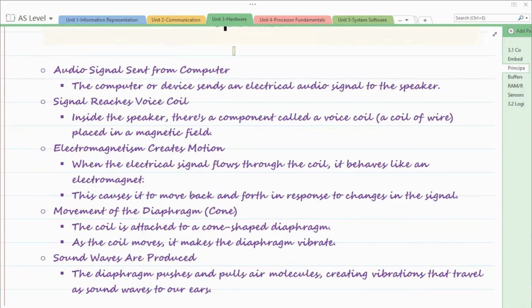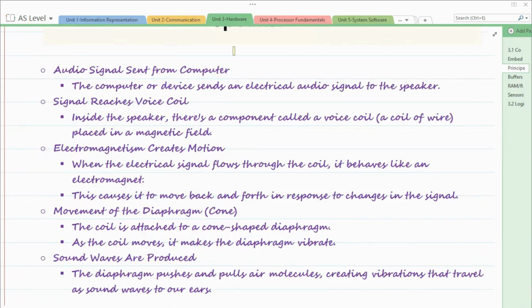The frequency of the signal determines how fast the diaphragm vibrates, controlling the pitch of the sound. The amplitude, or the strength of the signal, affects how far the diaphragm moves, controlling the volume.